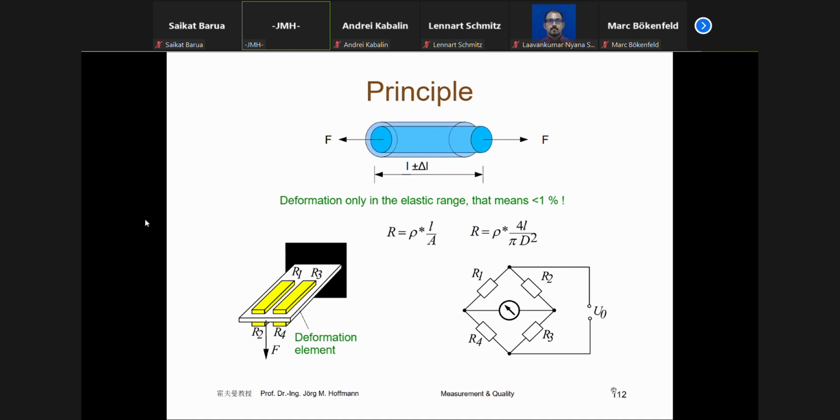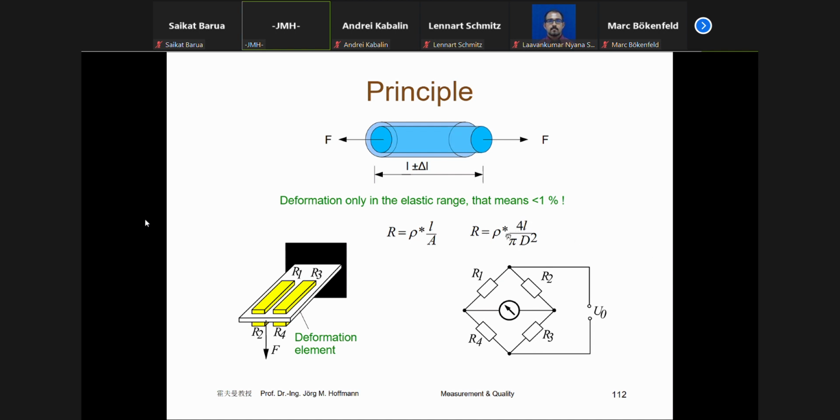So, and I would like to show you how to calculate the delta of the resistance. When I look at this formula, that is the same as here, only that we have replaced the area by pi multiplied with the diameter to the power of 2 divided by 4, but divided by 4, the 4 comes on top.